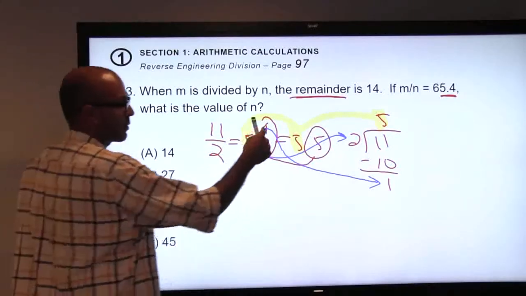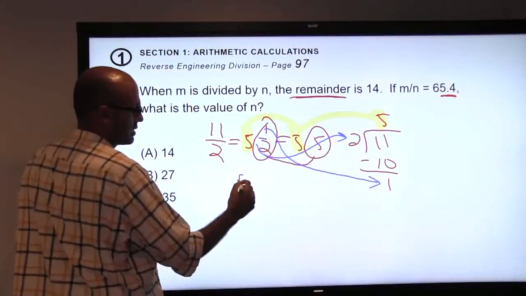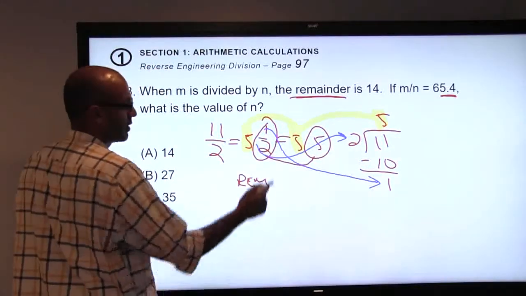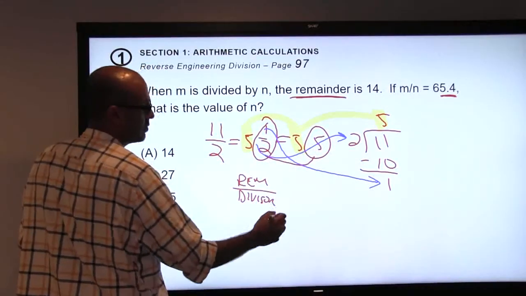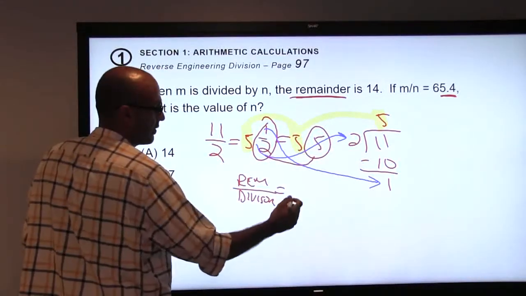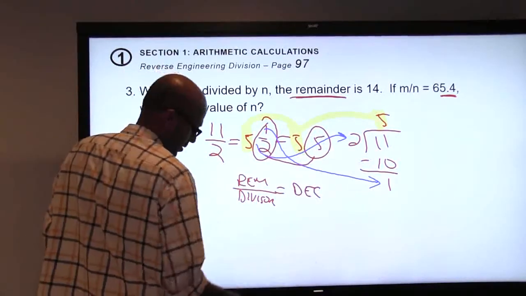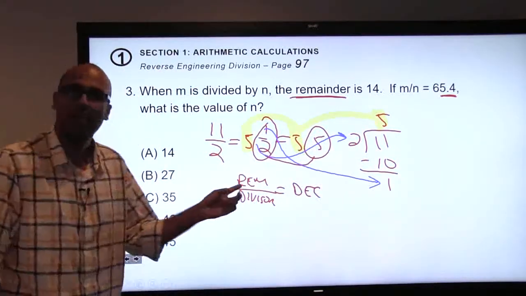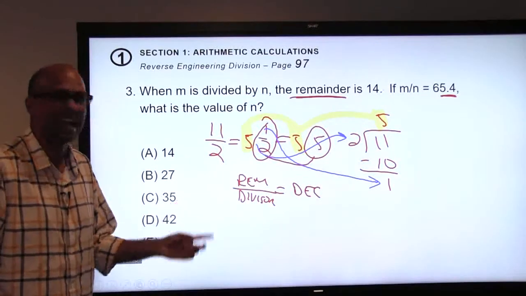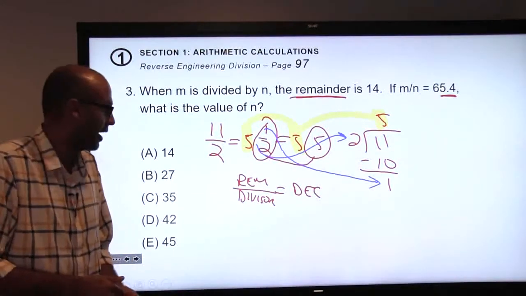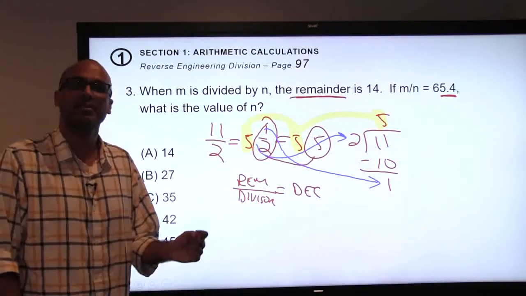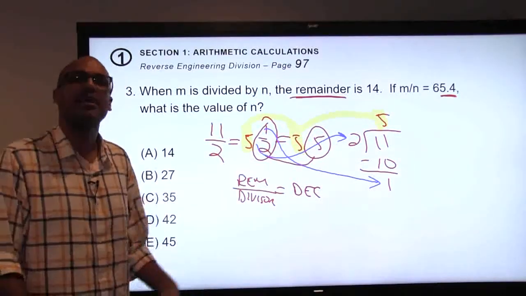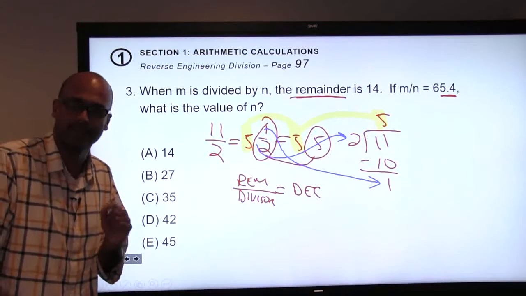I can now figure out that this 1 is nothing more than the remainder. This 2 is nothing more than the divisor. And this 0.5 is simply the decimal. And that's a formula that I can now flashcard, and I will get this type of question right every single time with, I don't know, 17 seconds being burned off the clock.